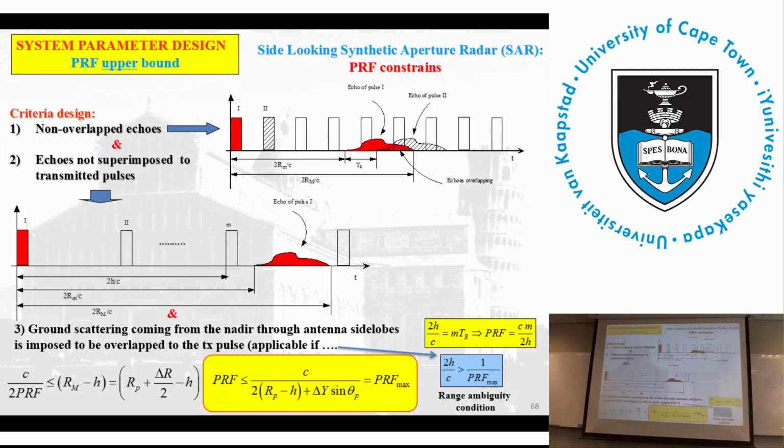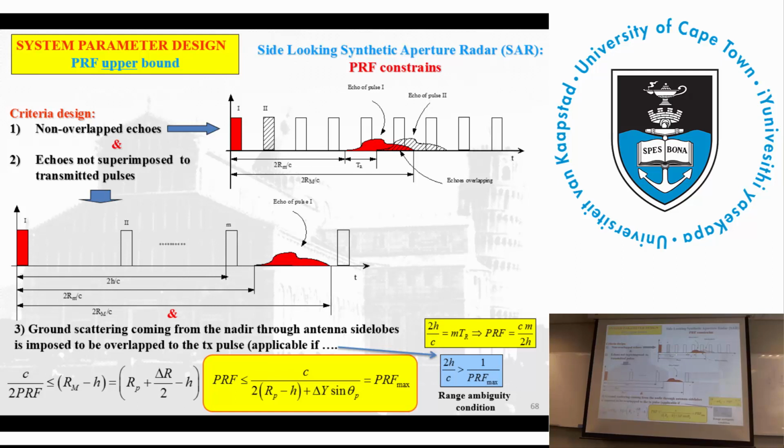For an airborne SAR system, for which I'm not ambiguous, I can't do that, because if I put a pulse there, that will be ambiguous also for the rest of the scene. So ambiguity buys you this possibility of placing a pulse directly at nadir.